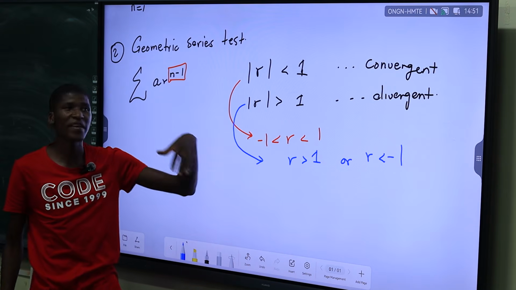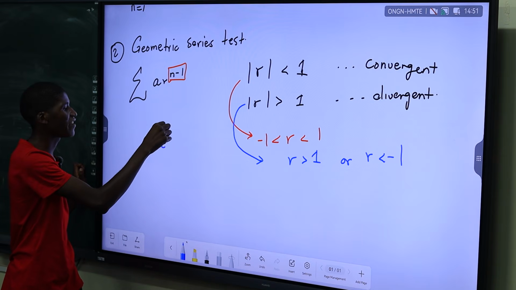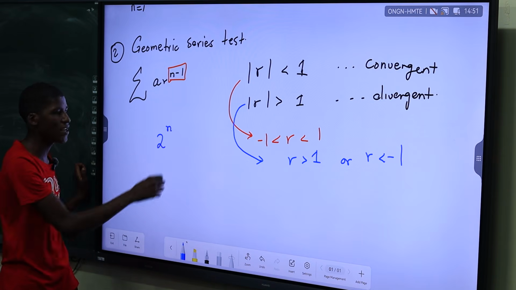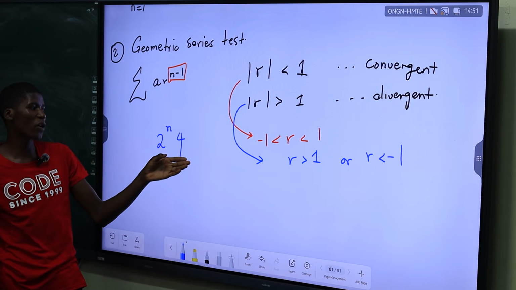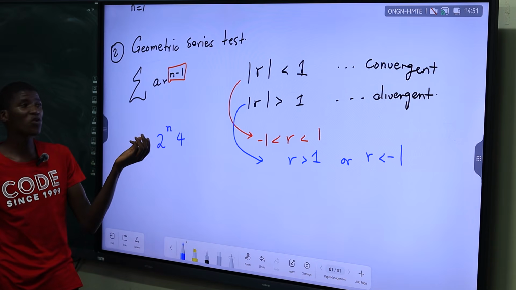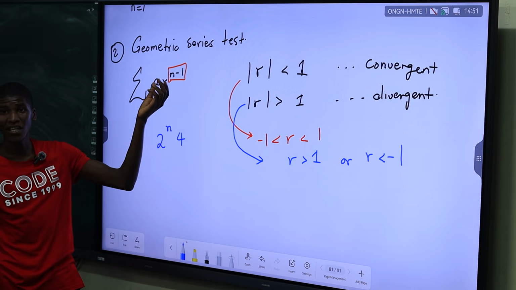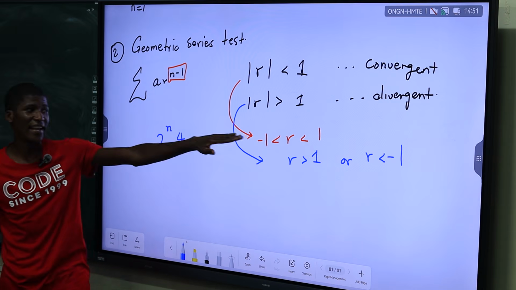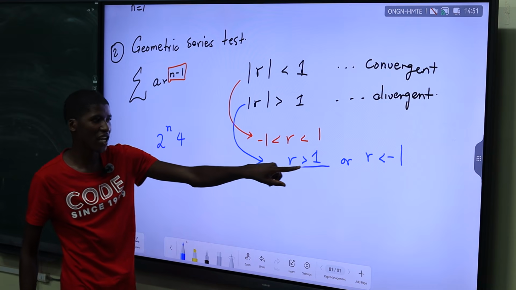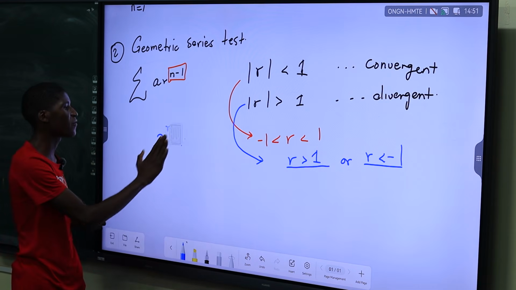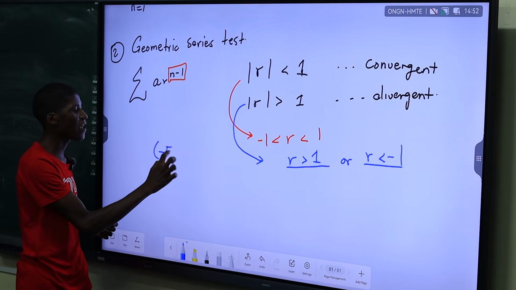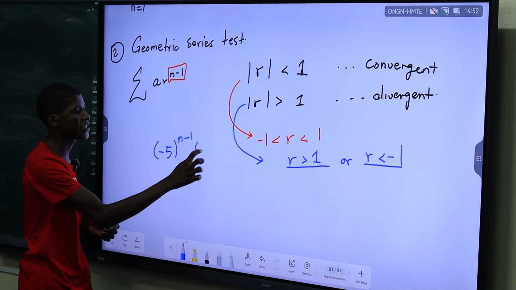If the ratio is a number greater than 1, you have a geometric series given by 2 raised to the power of n times 4. This is a geometric series with a ratio of 2, and 2 is a number greater than 1. Or if it's a number less than negative 1, you have negative 5 raised to the power of n minus 1 times 4.